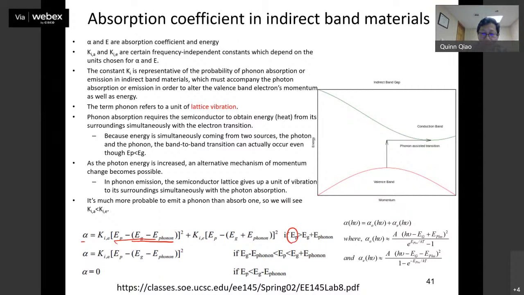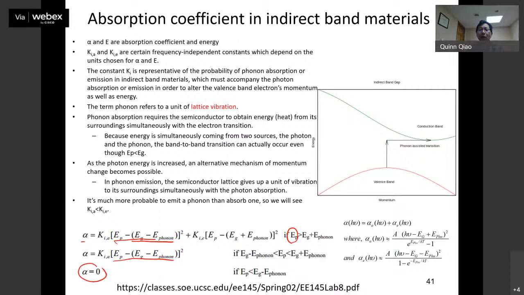But when the photon energy is smaller than the emission threshold, then you only have absorption. You can only absorb the phonon energy, right? If the photon energy is even smaller than this, the band gap plus the phonon energy, the photon energy is not enough, and then light absorption does not happen, right?